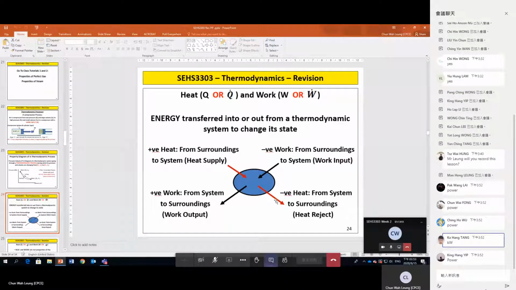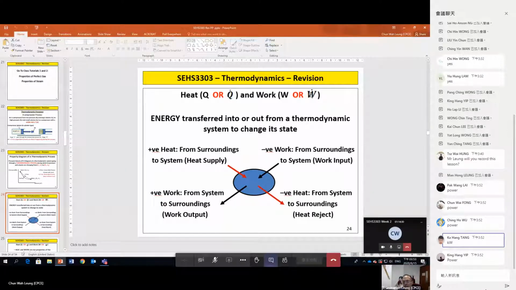And then if we talk about work, if we say let us put 100 kilojoule of work energy into this system, then again, we're talking about a certain amount. Then if this is work, we use a W to represent it. However, if we say no, we're talking about 100 kilojoule per second, then we will put down a small dot on the top of W. The small dot here also means per second.